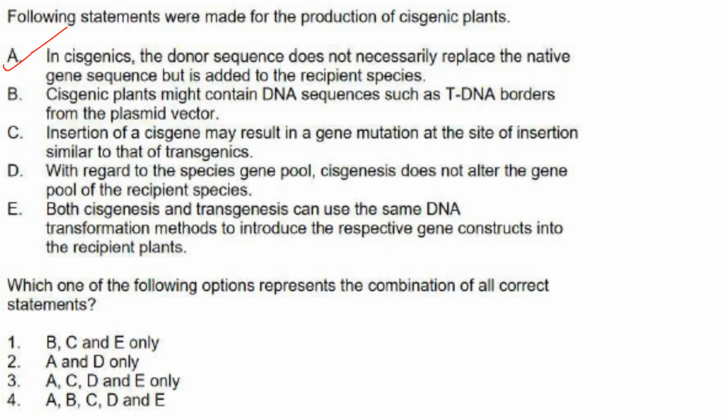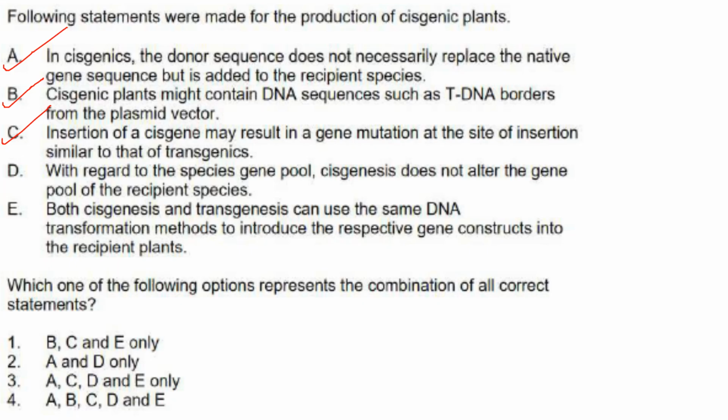So A is correct. Cisgenic plants might contain DNA sequences such as T-DNA borders from the plasmid vector. Yes, if cisgenic plants are produced through Agrobacterium-mediated transformation procedures, then T-DNA borders are sure to be found. Insertion of a cisgene may result in a gene mutation at the site of insertion, similar to that of transgenics. Yes, that is also correct.